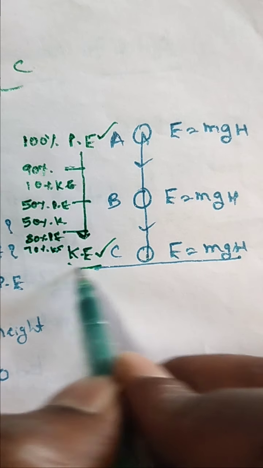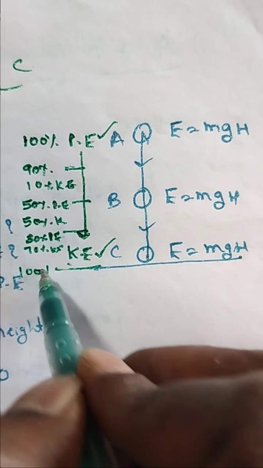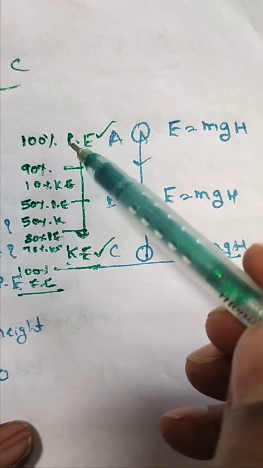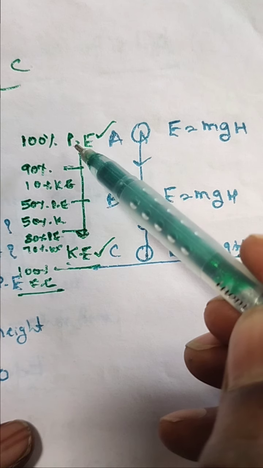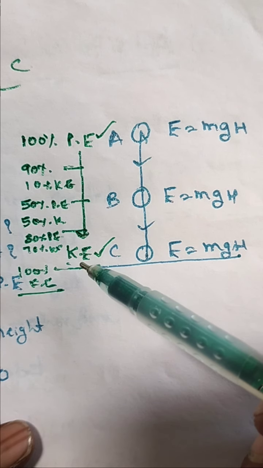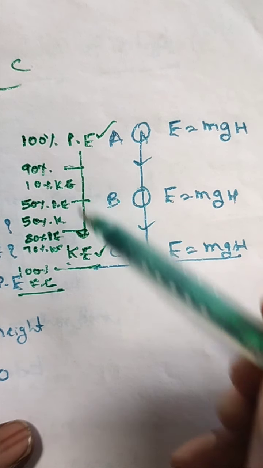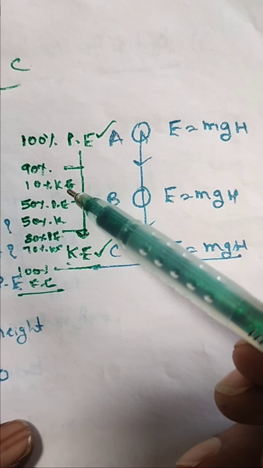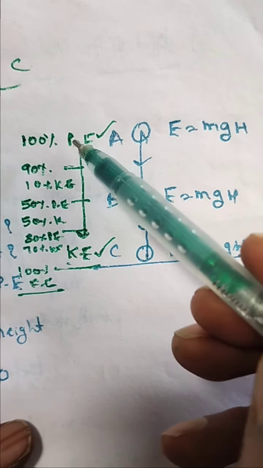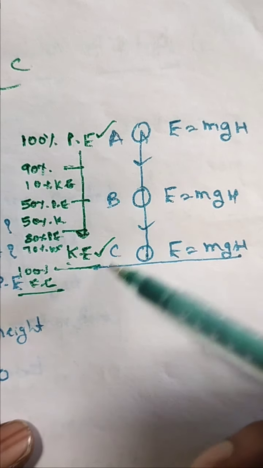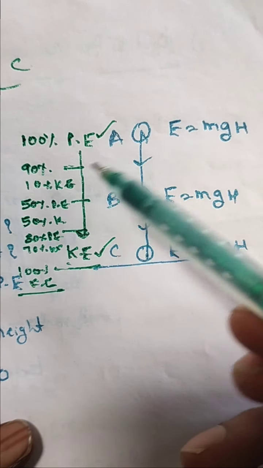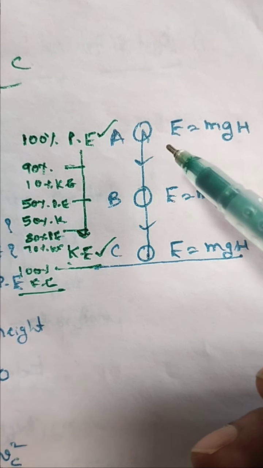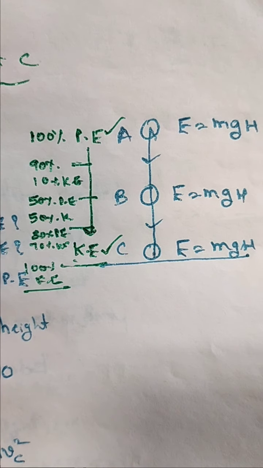Finally at point C, 100% kinetic energy. What is your observation in this case? When a body is freely falling, its potential energy is converted to kinetic energy, but the total energy remains constant. So what is the conservation of energy? The energy changes from one form to another form, but the total mechanical energy remains constant. So this is called conservation of energy in a freely falling body.